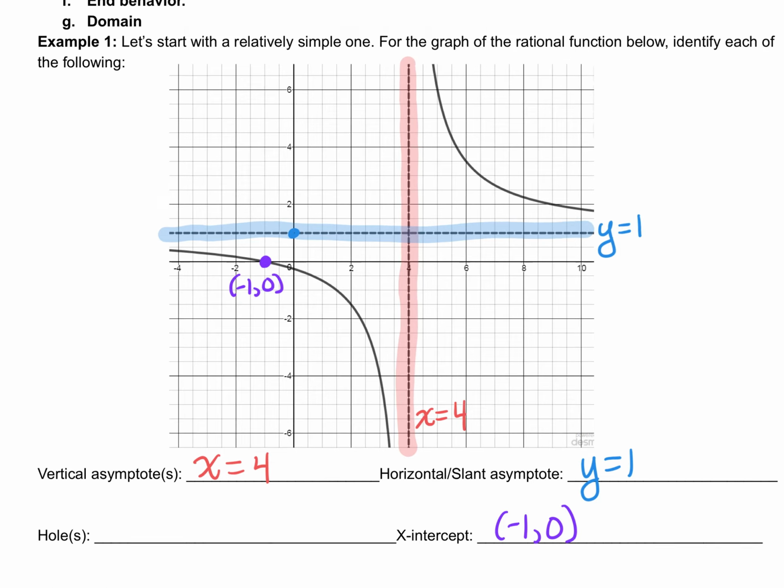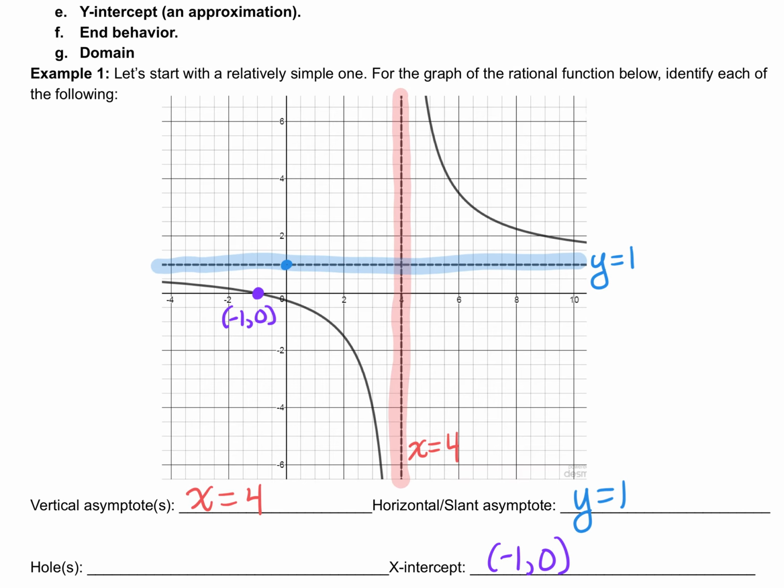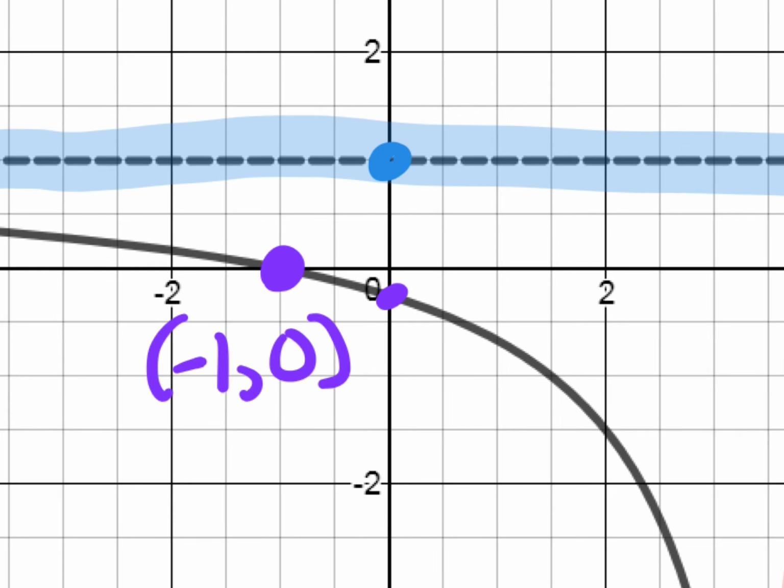Next up, we're going to look for our y-intercepts. Again, we're going to look for where the curve goes through the y-axis this time. So any place where we see it crossing through the y-axis. Now that's right here, but let me zoom in a little bit. If you notice, our graph, the coordinate plane, looks like it's counting by halves.